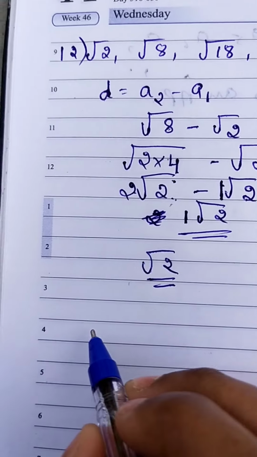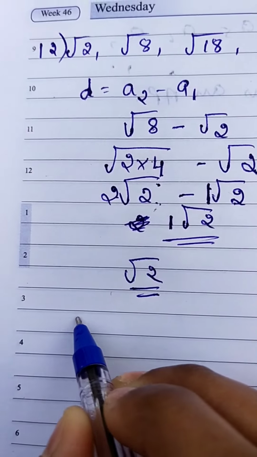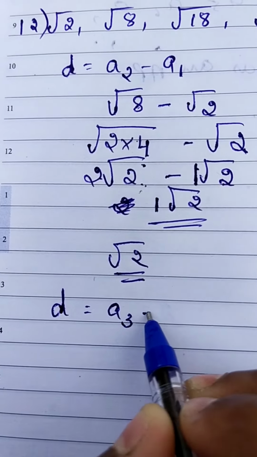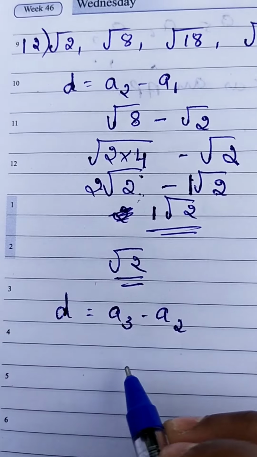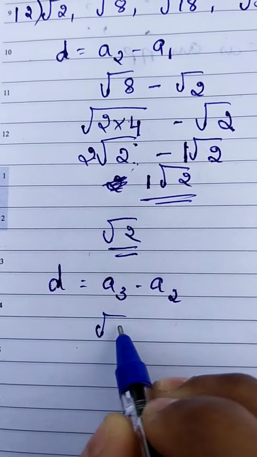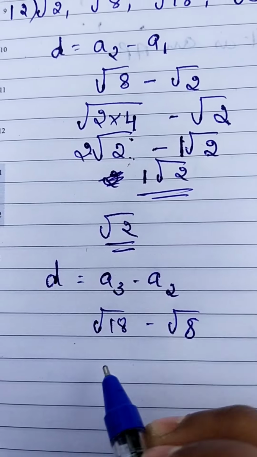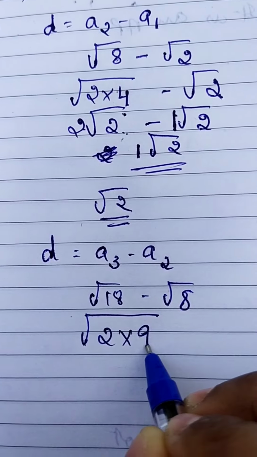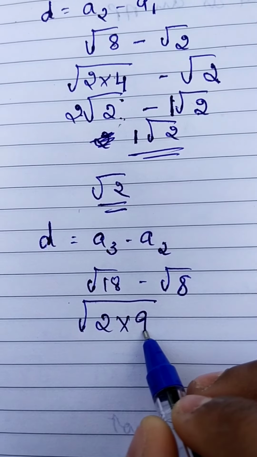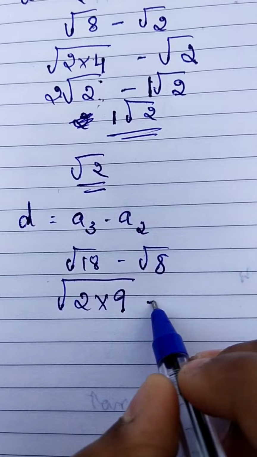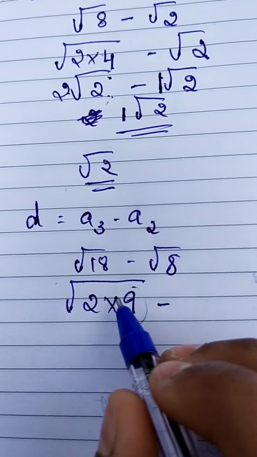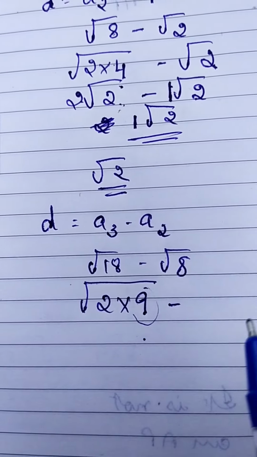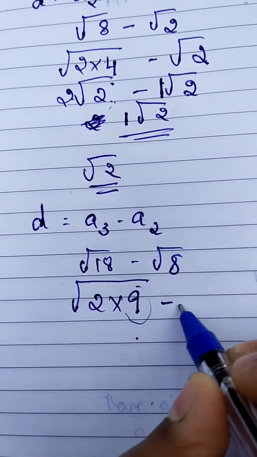Let's check. d is equal to A3 minus A2, that is root 18 minus root 8. You can expand 18 as 2 into 9. Multiples of 18 you can write inside the root, where one number should be a perfect square.